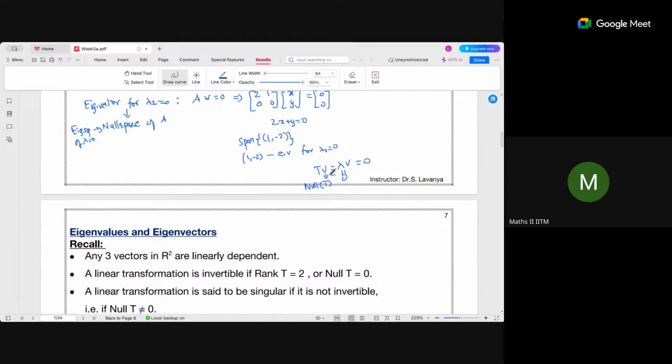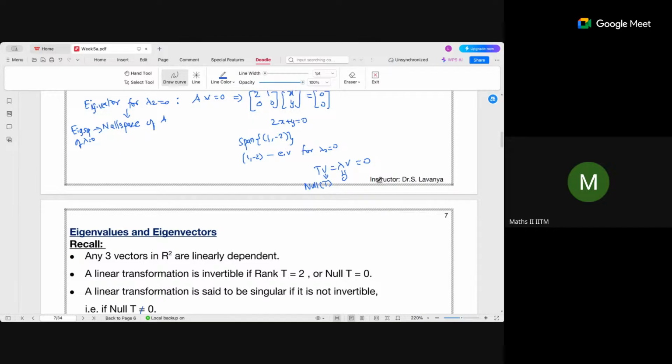But what is the LHS? The LHS here is TV where V is a non-zero vector, and the RHS is obviously 0, because lambda is 0, so lambda V is just the 0 vector. But when you compute TV, you will also get 0.